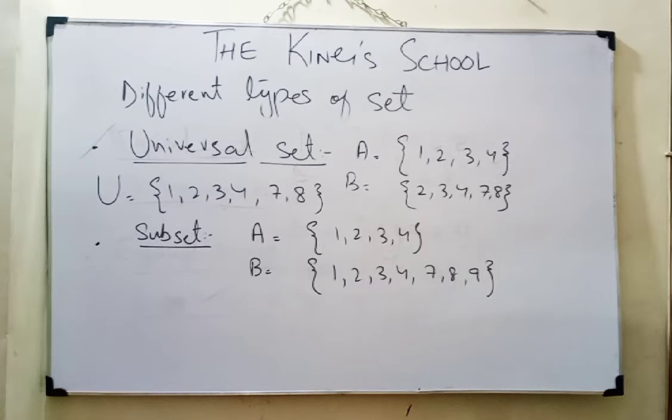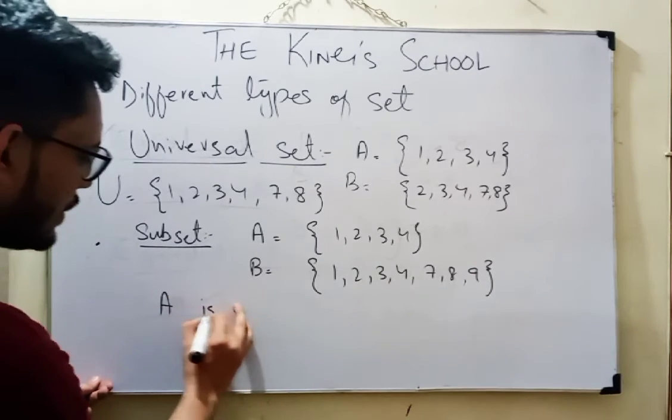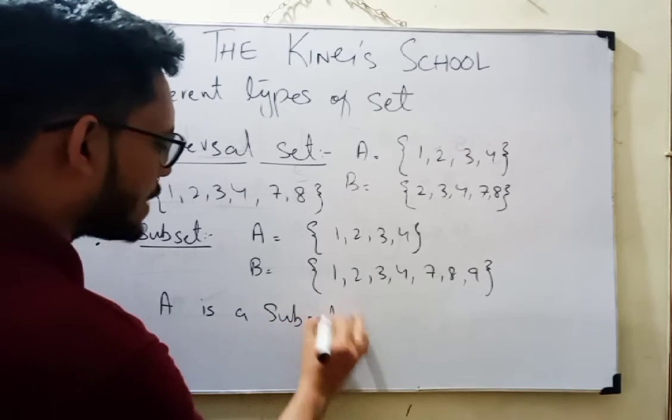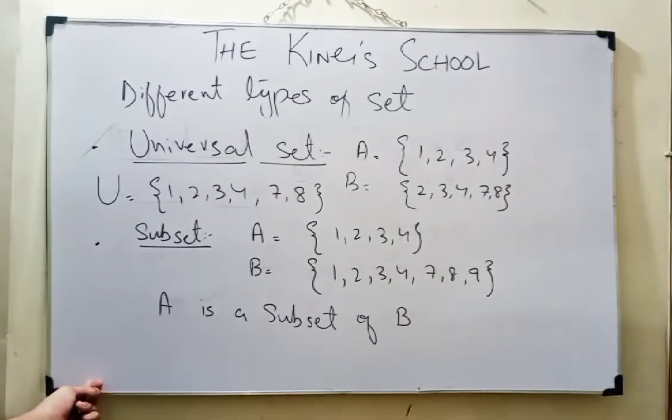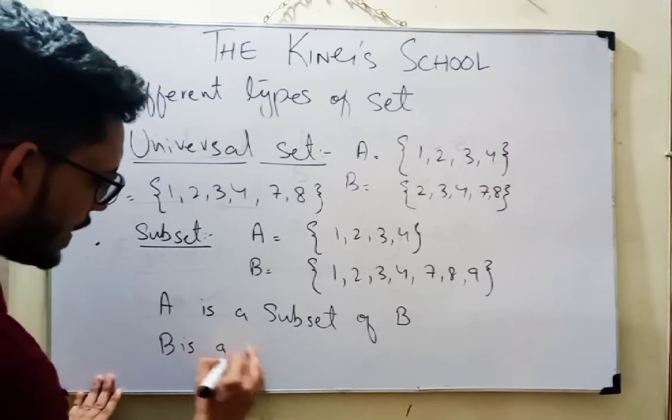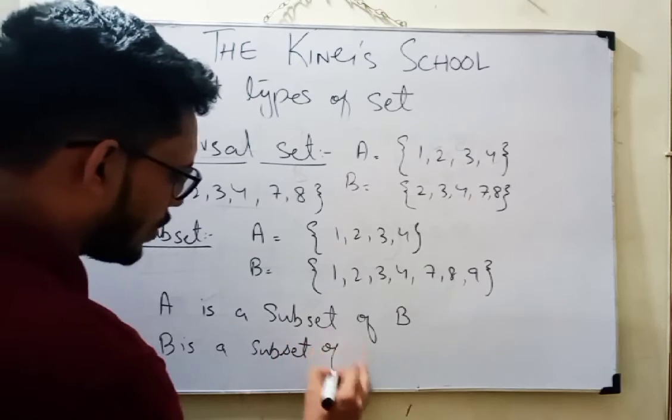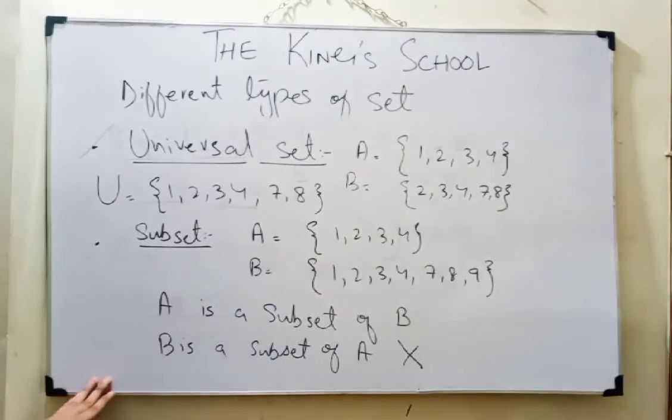So we can say that A is a subset of B because every element of A is a member of B. But we cannot say that B is a subset of A. This is not correct, because in B we have 7, 8 and 9 as well.